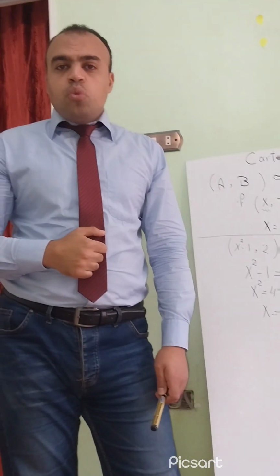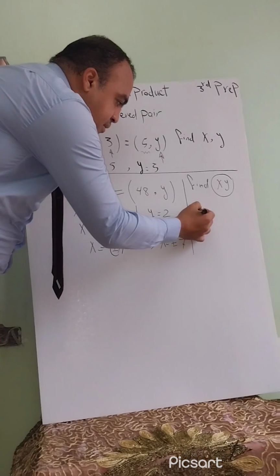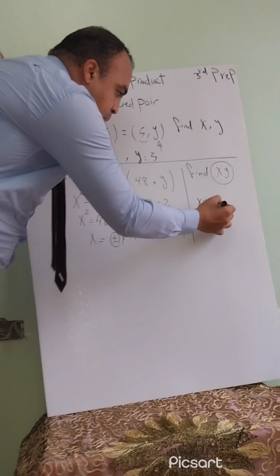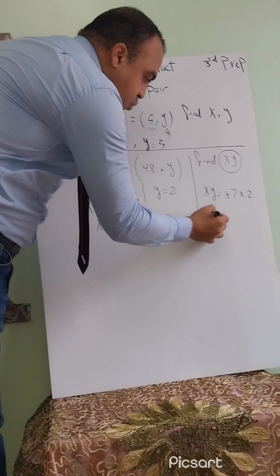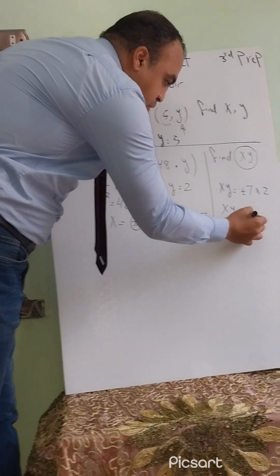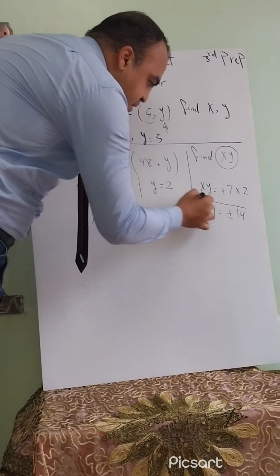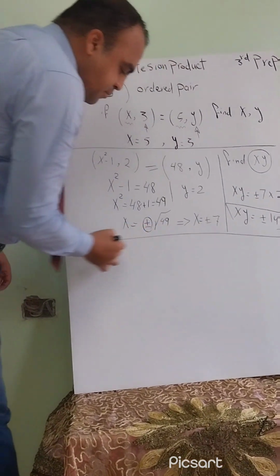And I want to get the product of x y. So x y equals positive or negative 7 times 2. So x y equals positive or negative 14. This is the product of x y.